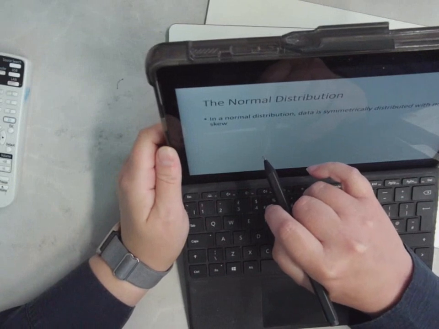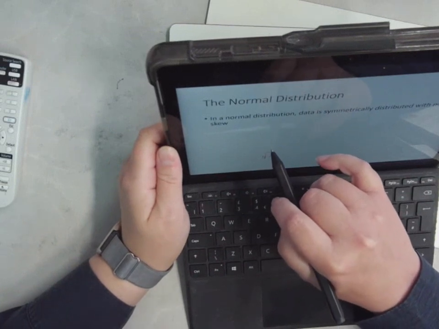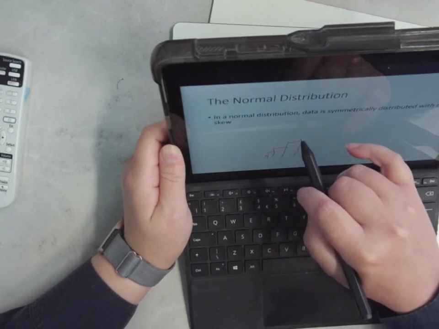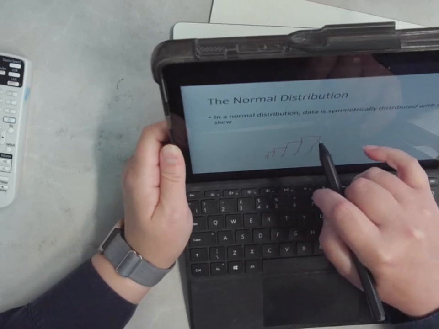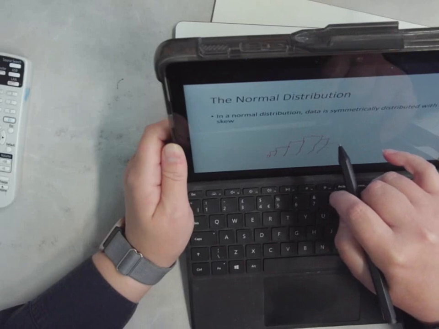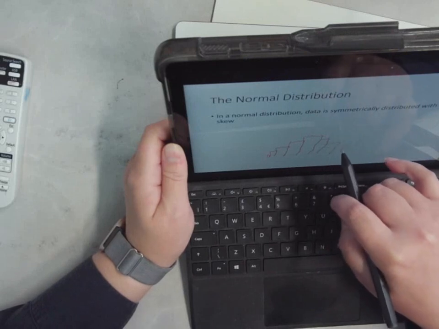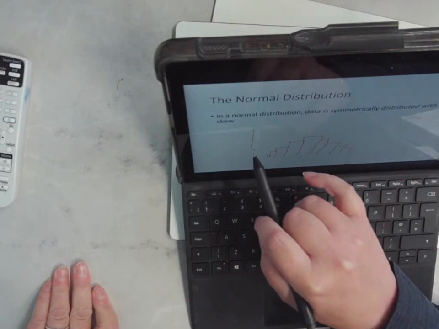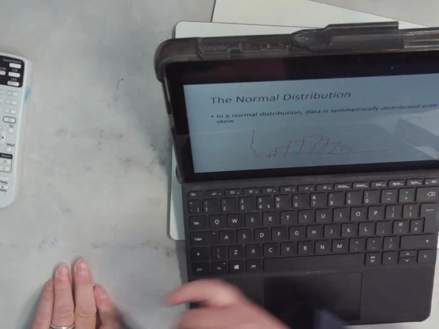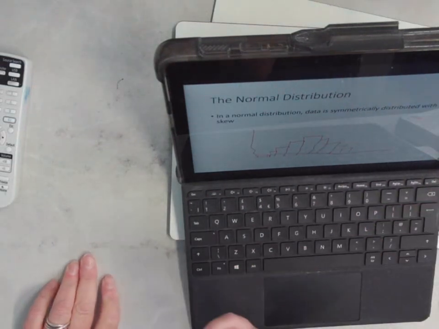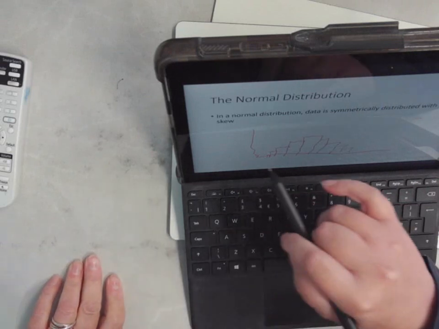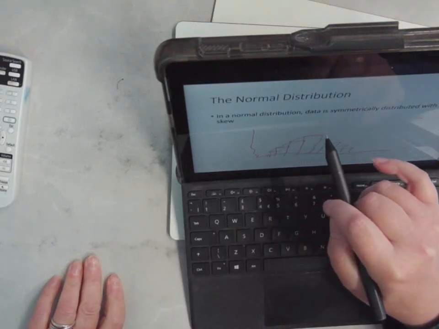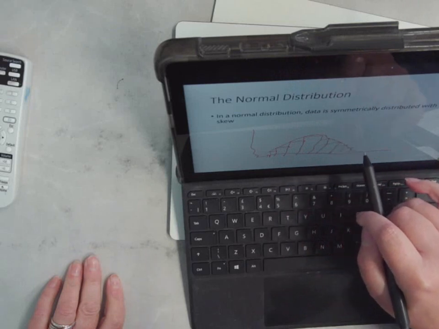Basically, if you start off with a histogram, these are all the same width by the way, it is perfectly symmetrical. And if you put a curve across it, it's called your normal curve.